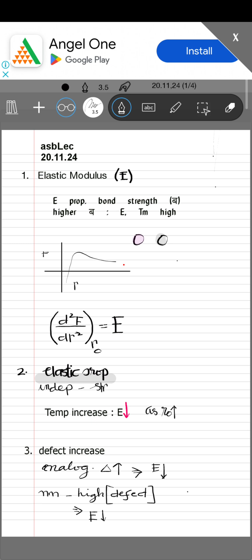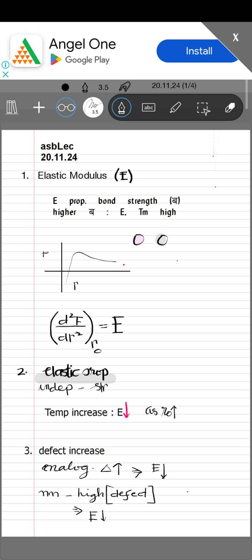Now, if we consider two atoms which are coming together to form a bond, and the plot of the force between these two atoms is something like this, with r as the distance of separation. Now, double differentiation of this force at the equilibrium position r0, which is sometimes called the mean position or the bond length, is actually equal to the elastic modulus.